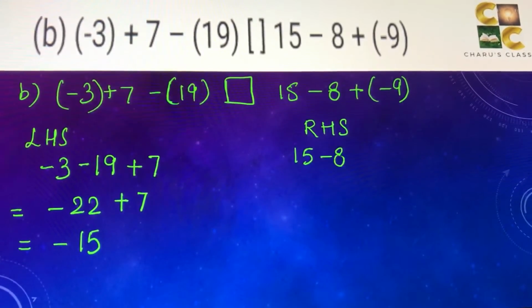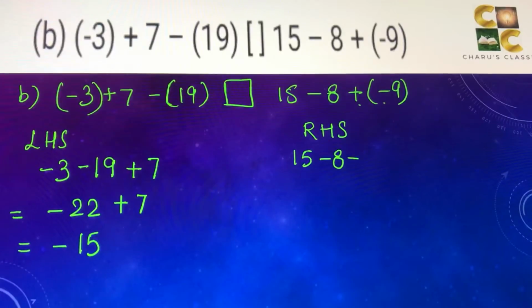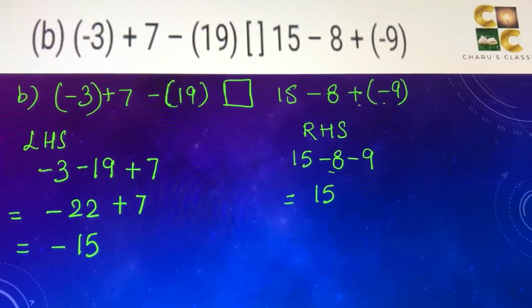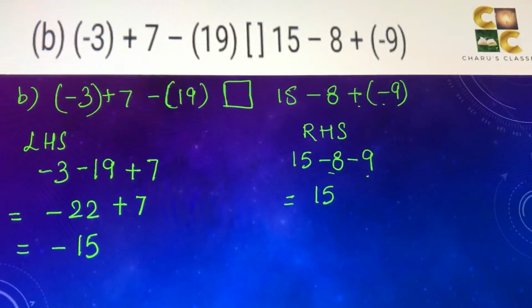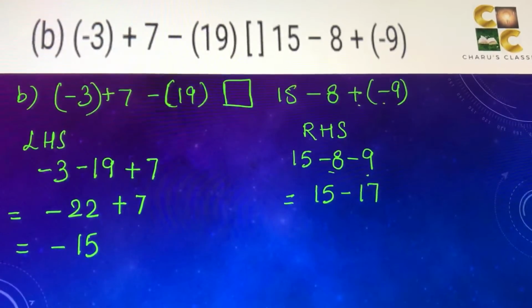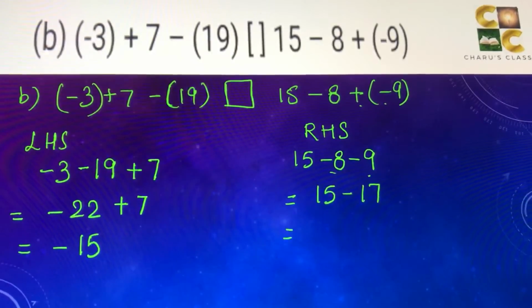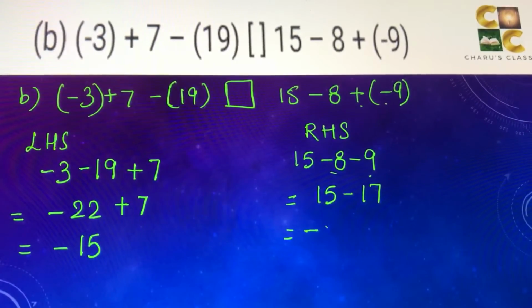15 minus 8 plus minus, that is -9, or 15, two negative numbers get added up with the negative sign. So 15 minus 17, and that is one positive, one negative, so it will subtract, so it is -2.